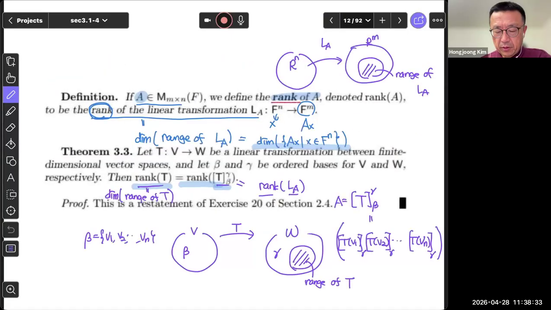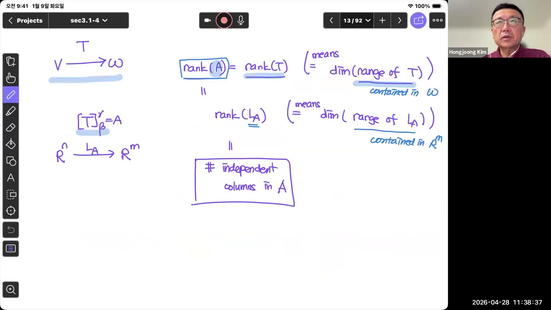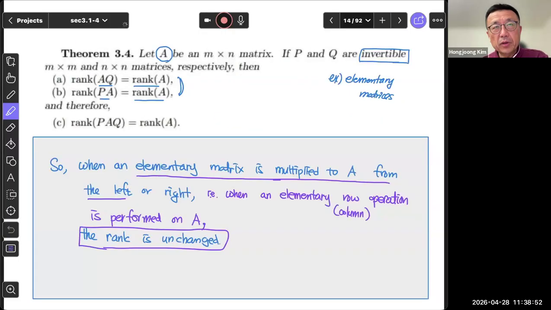Okay, so you need to understand the meaning of each statement. Theorem 3.3 connects the rank of a linear transformation and rank of a matrix. And theorem 3.4 says, when you perform elementary row operation or column operation, the rank is preserved.